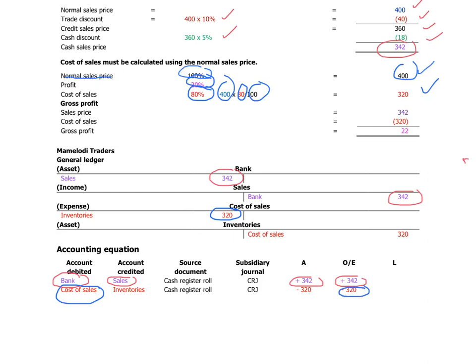I will credit the inventories account because the asset decreased on the credit side. And if I decrease inventories on the credit side, I have to show that my assets decrease with 320. If we sell goods for cash, a cash register roll is used, or you can also say a cash invoice is used, and the entries are recorded in the cash receipts journal.